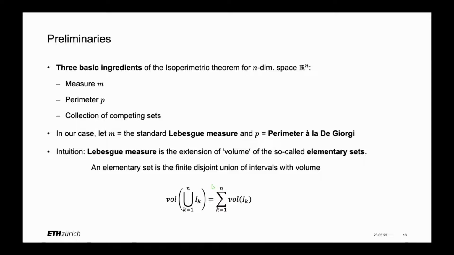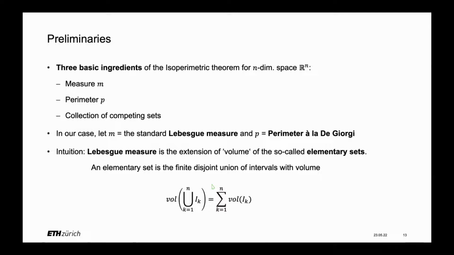We have three basic ingredients of the isoperimetric theorem for n-dimensional space R^n, which are really fundamental for our proof. First, the measure m. Second, our perimeter P. And at the end, the collection of our competing sets, the G's.